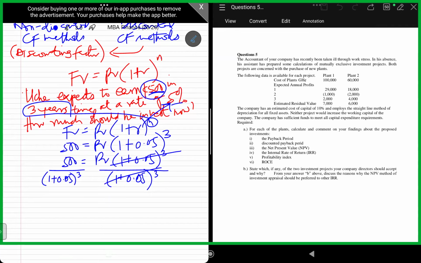So what does 500 over 1 plus 0.05 exponent 3 give us? I'm on notes.